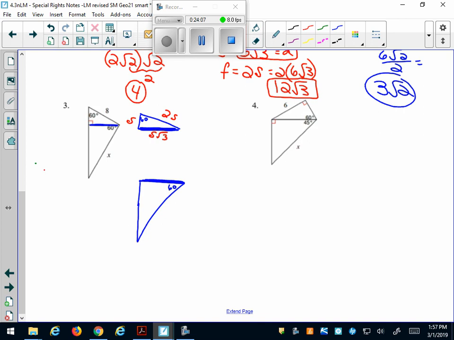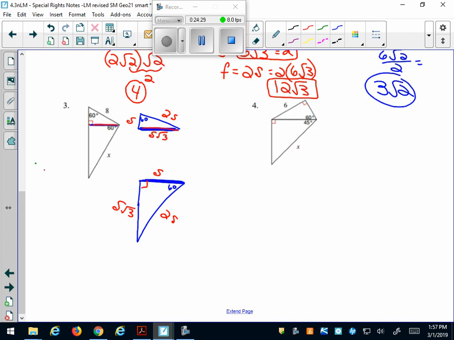But on this one, side across from 60 is S root 3, side across from 90 is 2S, side across from 30 is S. So you can see that this side that they share in the top triangle, that side is S root 3.